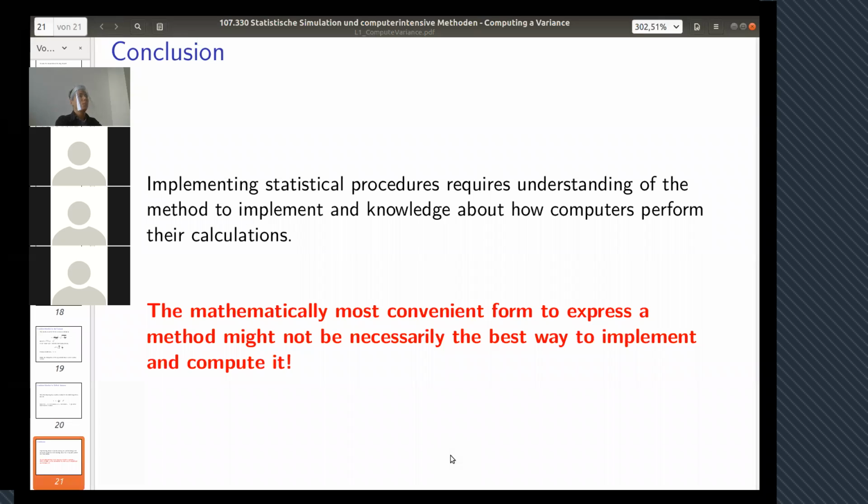It might be that what is mathematically a very nice form for doing calculation completely makes your computation break down. But we will never know before we tried it. So that's why a lot of your things here will be trial and error, simulating things, see what comes out, and learning from failure what to avoid and how to check what can go wrong.